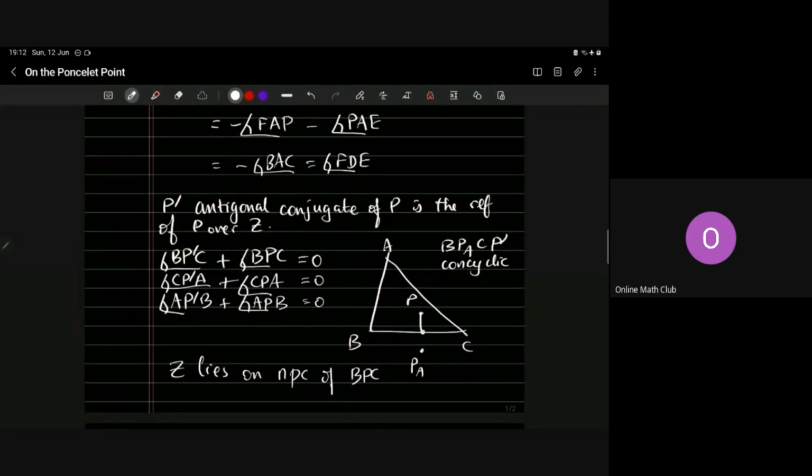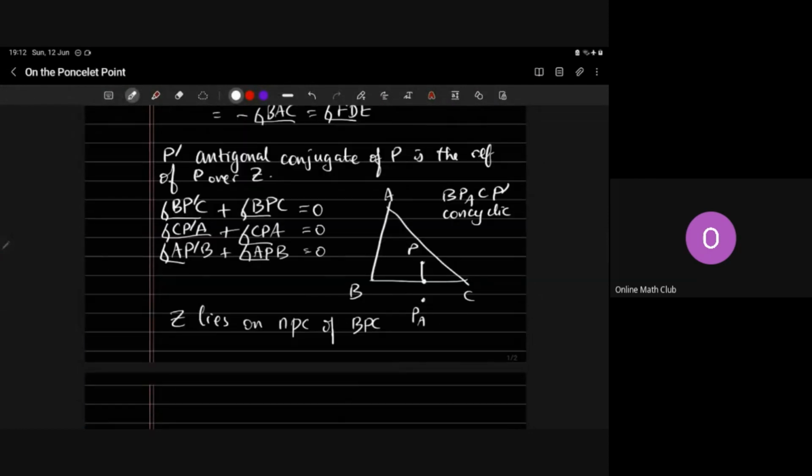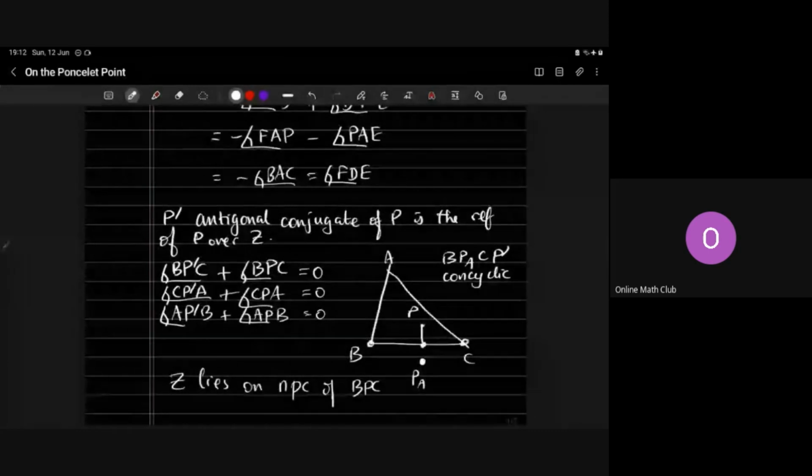So let's say this is the projection of P. And if you scale the 9-point circle of BPC about P by a factor of 2, it passes through B, C, and the reflection of P about the foot of the altitude, which is PA. And the 9-point circle passes through Z, so the scaled circle will pass through P prime. So that would mean that B, PA, C, P prime are concyclic, which will give the first angle condition.